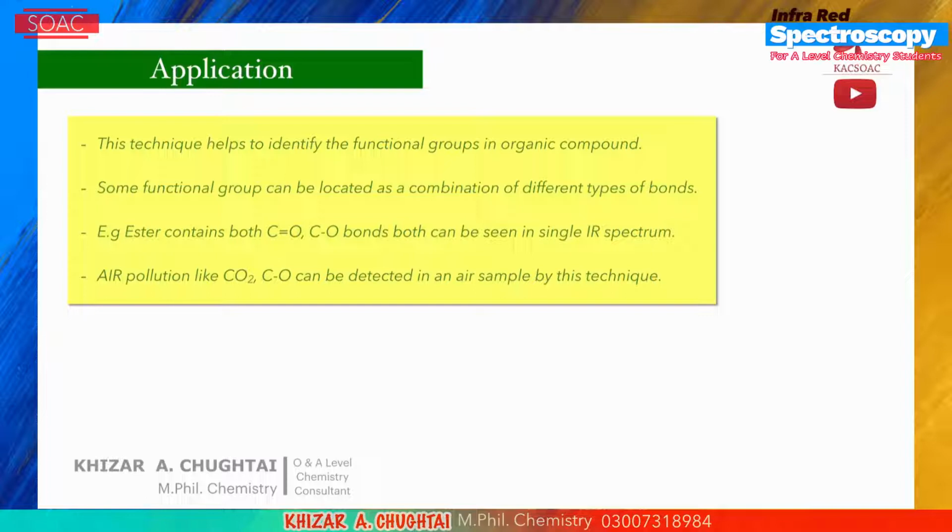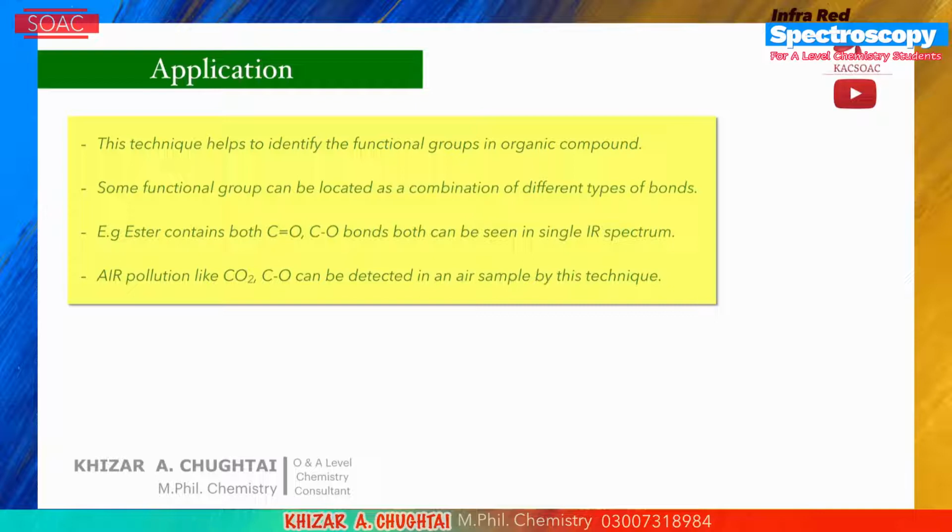Similarly, with the IR spectrum, infrared spectrum, air pollutants like CO2 and CO can be detected in a sample. So this technique is also quite helpful to diagnose some inorganic covalent molecules like CO2 and carbon monoxide, which also have polar bonds.